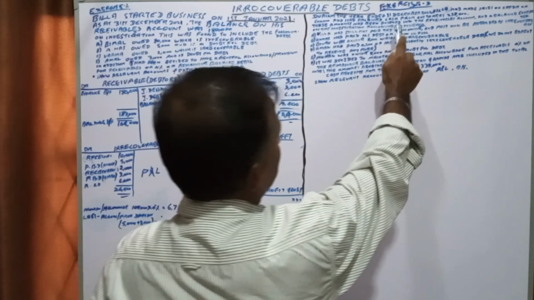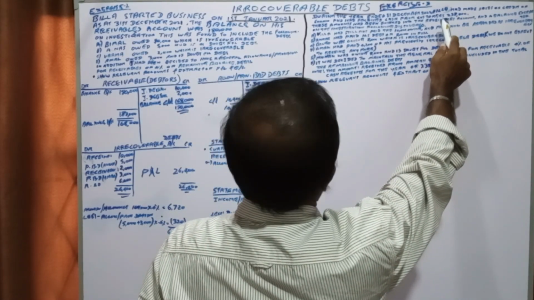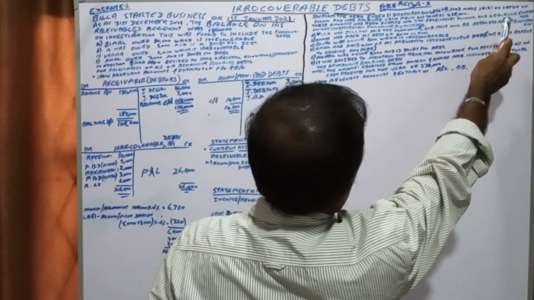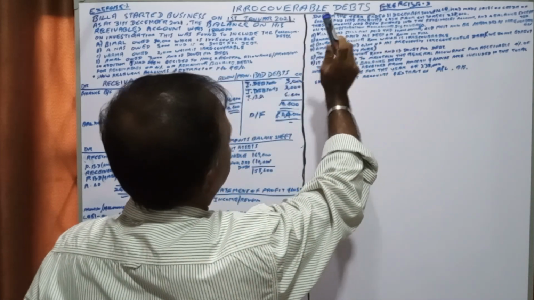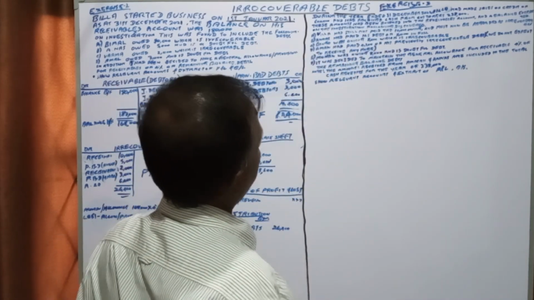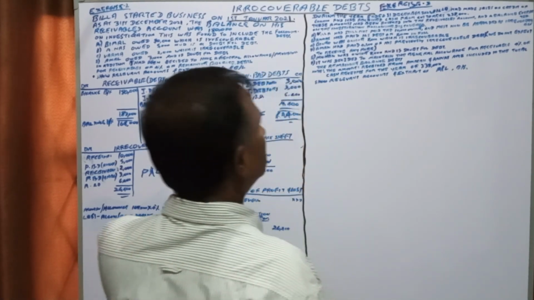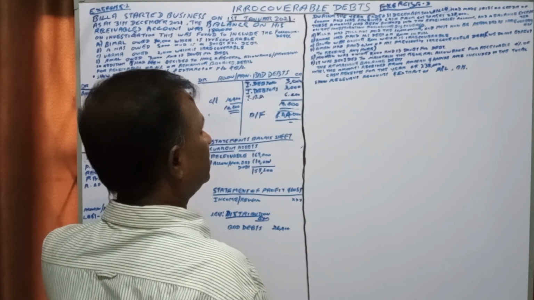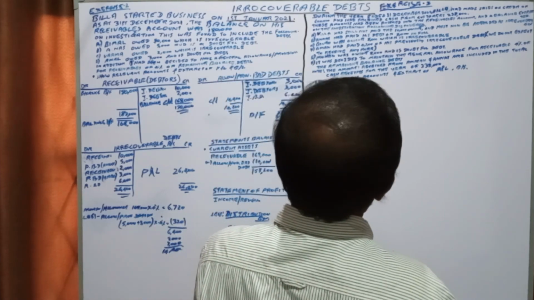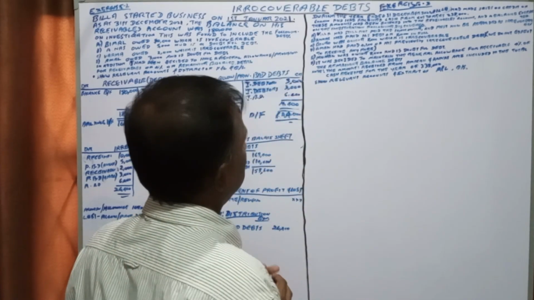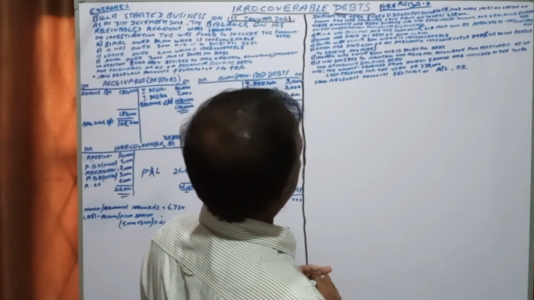During the year ended 31st December 2022, Billa had made sales on credit of 600,000 and had received cash from customers 238,000. Okay, he made the sales.